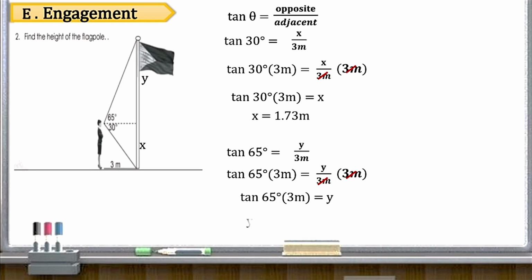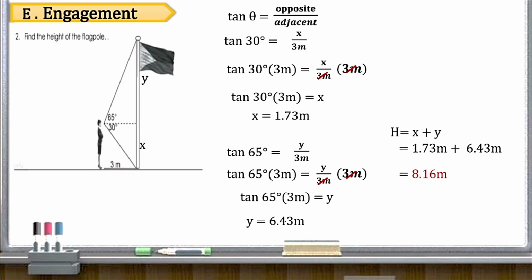So, y is equal to 6.43 meters. Pagkatapos natin class makuha yung value ng x and y, i-add na lang natin para makuha yung height ng flagpole. So, h is equal to x plus y. So, substitute mo lang 1.73 meters plus 6.43 meters is equal to 8.16 meters.